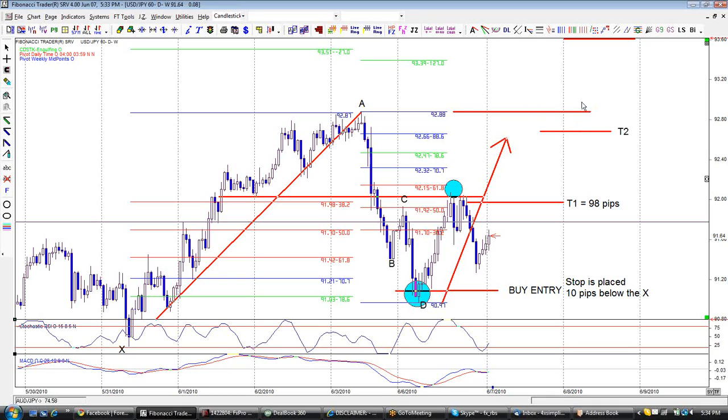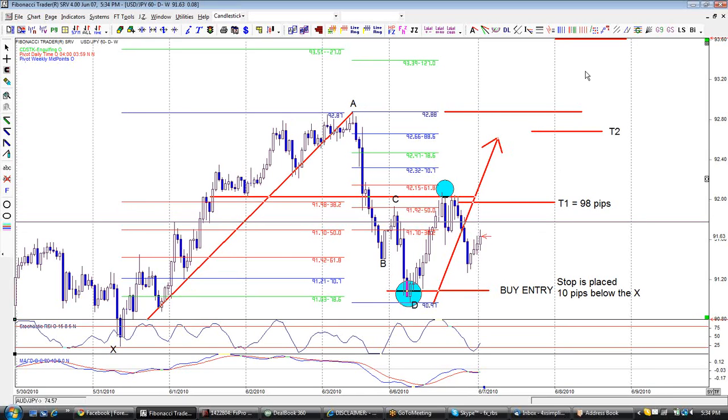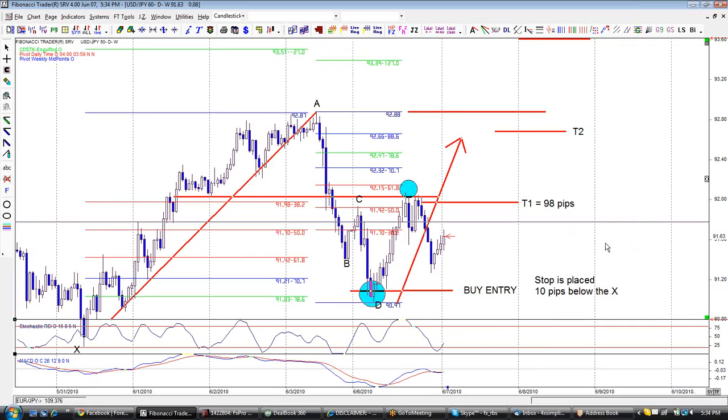So I will place my second limit below the resistance. When price moves, you have two choices. The one is to leave your stop for the third one still at break even, or you can move your stop to target 1.